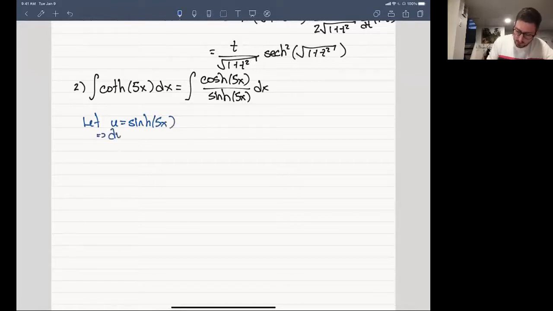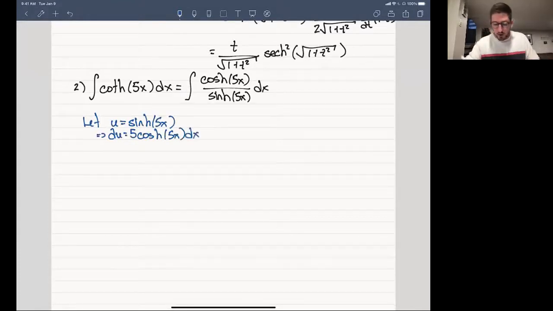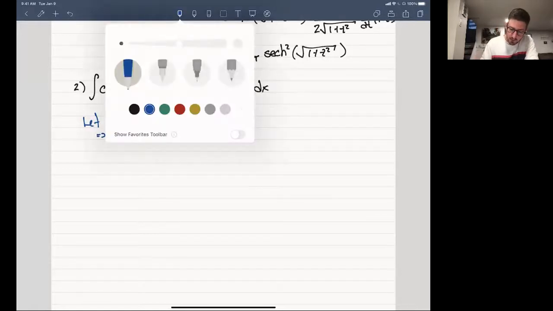Now, du is equal to, so a chain rule, the 5 is going to come out here. I'm going to do it all in one step. 5 cosh 5x dx. I can see I've got a cosh 5x and a dx there. I need to divide off the 5 on both sides.